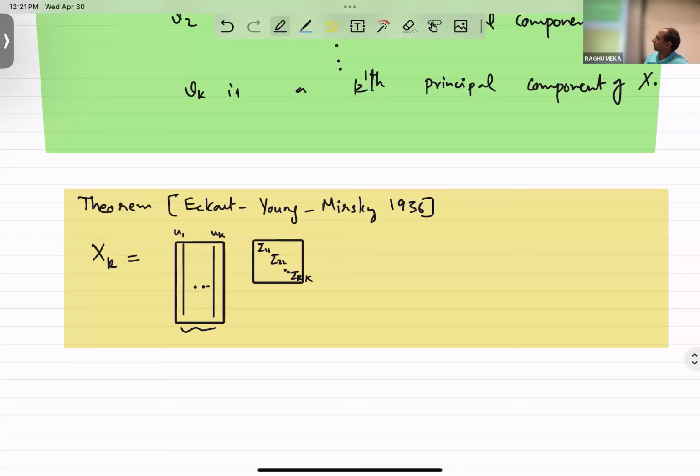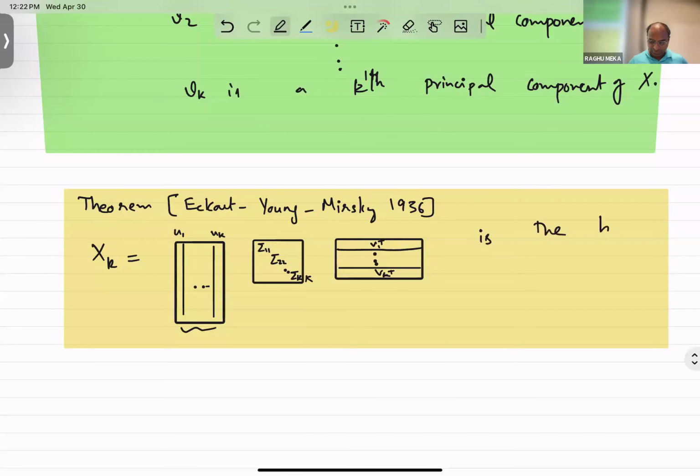Okay. So K is less than or equal to R, and I'm only taking the first K columns here and the first K entries in sigma, and similarly the first K entries in the V. Okay.